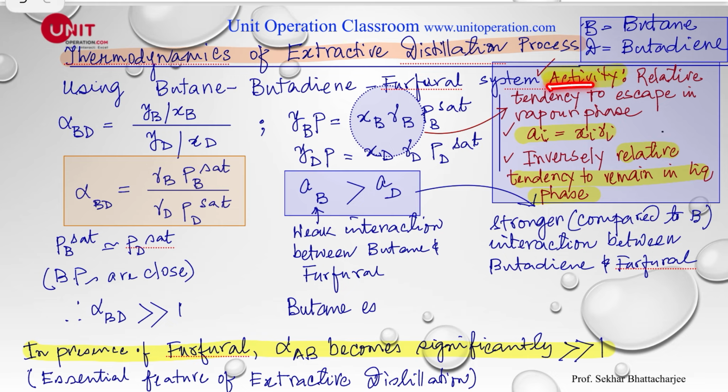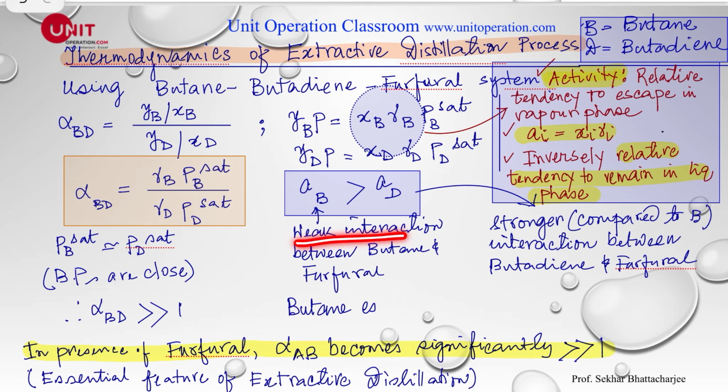What is activity? Conceptually, activity is approximately a relative tendency to escape into the vapor phase. If you have a liquid-vapor mixture, activity is a relative tendency to escape into the vapor phase, or inversely, a relative tendency to remain in the liquid phase. And this x_i gamma_i is the activity. Now, what happens?